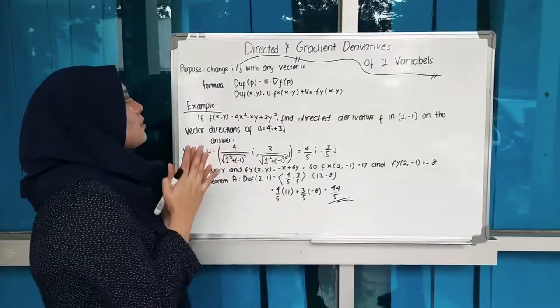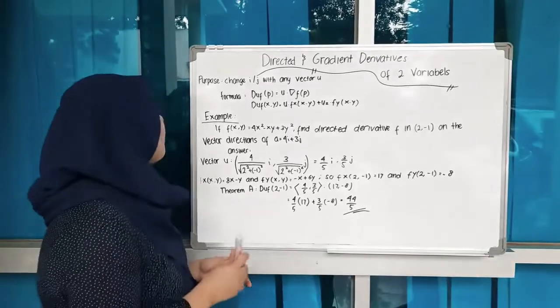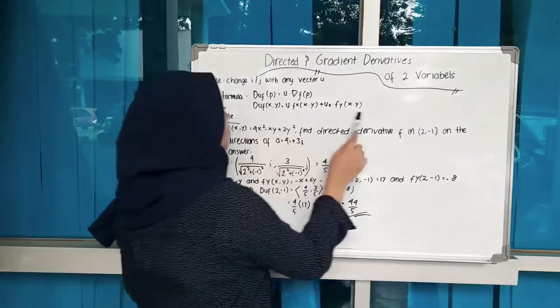The next chapter is about directional and gradient derivatives of two variables. Evaluate this formula.